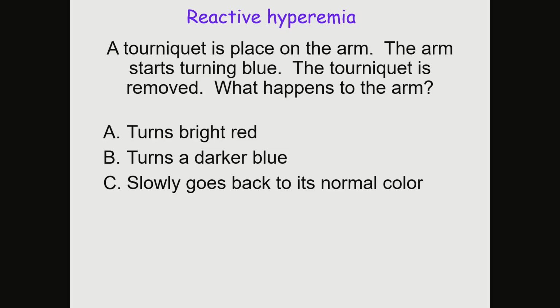Next is reactive hyperemia, okay? And so you put a tourniquet on someone's arm, and their arm starts to turn blue, okay, because you've shut off all the blood supply to that arm. Then you take the tourniquet off, and what happens to their arm?